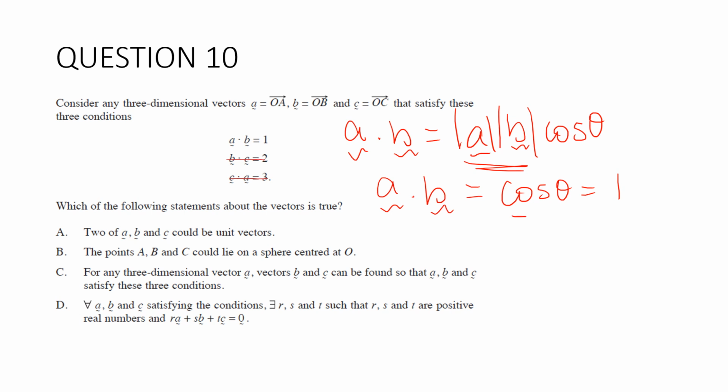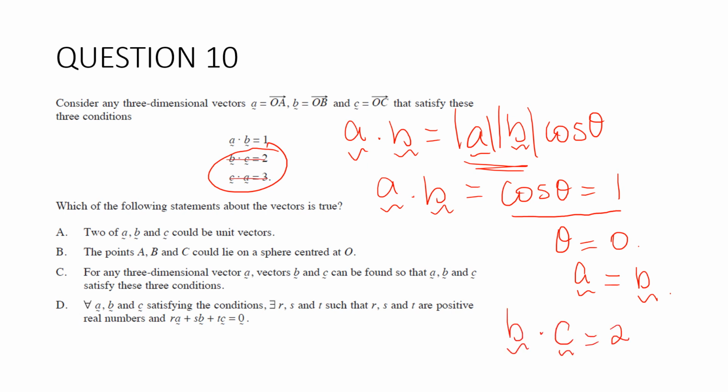But the only solution to this is theta equal to 0, which means, of course, A is equal to B. Now, having a look at these two that I've crossed out, we had B dot C equal to 2, and we also had C dot A equal to 3. Now, if A is equal to B, then A dot C is equal to 2, and C dot A is equal to 3, and they can't be equal to different things. All right, so it's not A. Let's keep going.